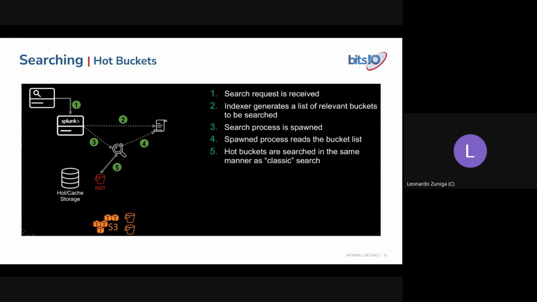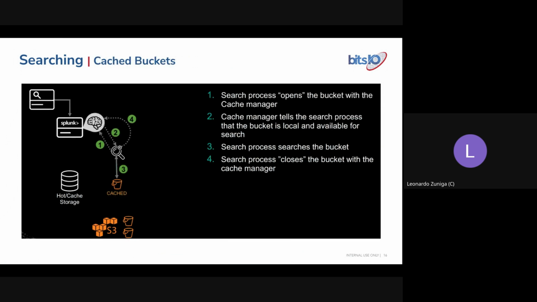When buckets are in hot state, it's just as normal. A search request is received, indexers generate the list of buckets needed to display the events, and it's just as normal.